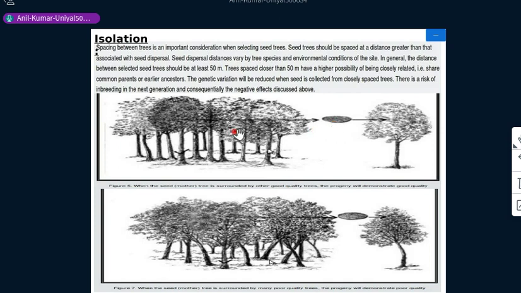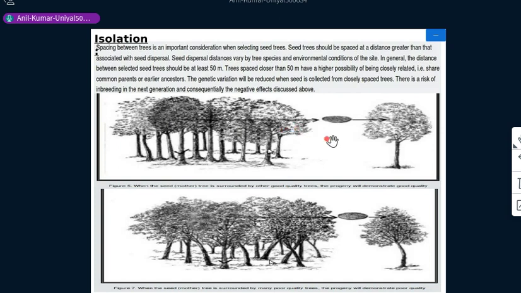It is assumed that the trees we intend to select will definitely have inbreeding with all these. Inbreeding is just a phenomenon of selfing, but here the cross pollination of adjacent less important or poor phenotype trees will also be there.